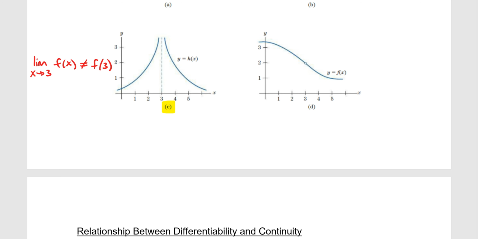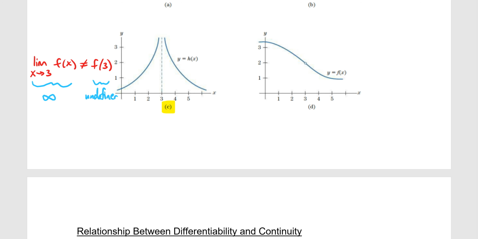The limit here would actually be infinity. Or sometimes we say does not exist, but it's good to say infinity actually, because they're both going to infinity from both sides. And then f of 3 does not exist here, so we would say undefined.